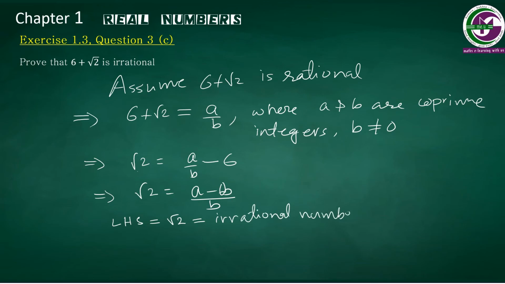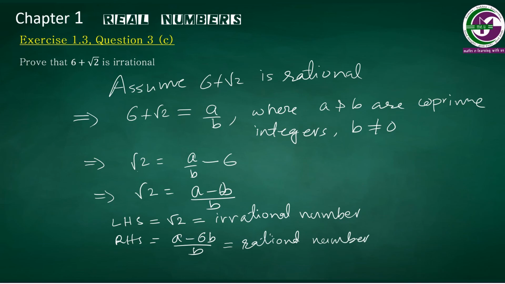We know that root 2 is an irrational number. And RHS, what is RHS? RHS is a minus 6b divided by b. a is an integer, 6 is an integer, b is another integer, and operations between integers always result in a rational number. So you won't get any irrational number by operating on integers. So it is a rational number.